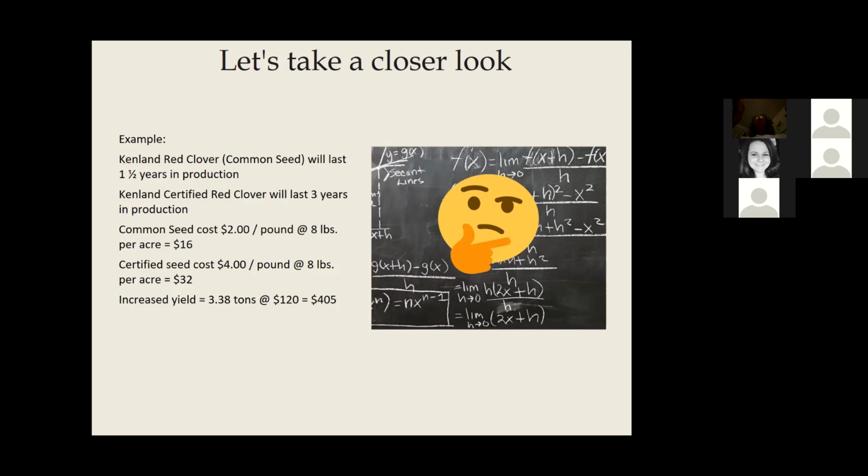Certified seed is double. Why would we want to spend double on the cost of seed? It's going to cost $32 an acre. That's going to add up over time. You know, if you do a lot of acres, an increase of $16 an acre. But if we look over time, those additional years of production, or that time period, is going to yield 3.3 tons more grass or more forage over that time period versus the common seed.